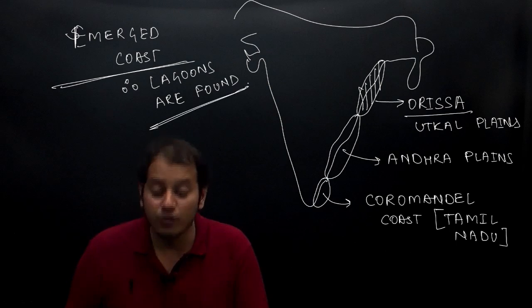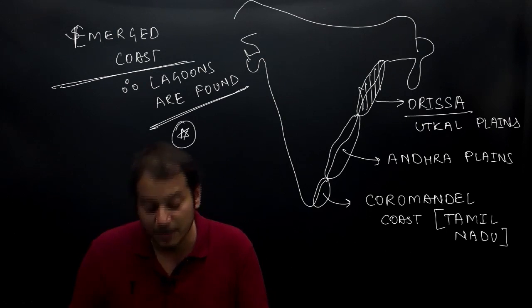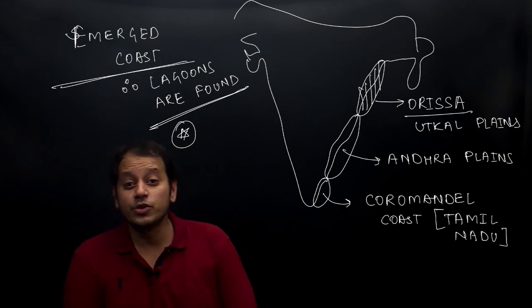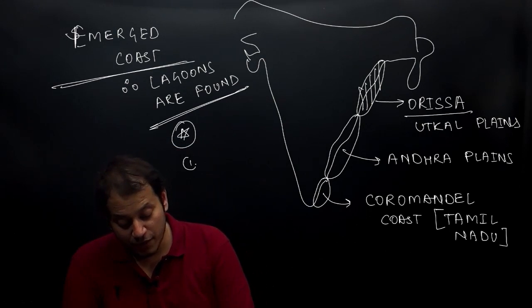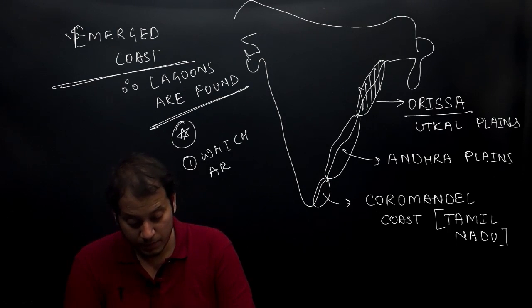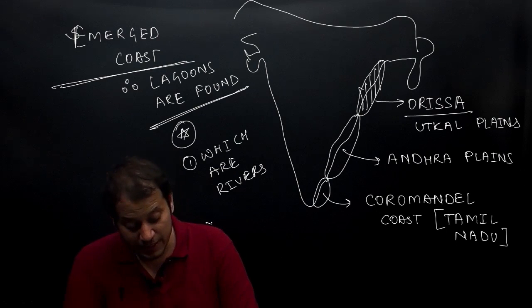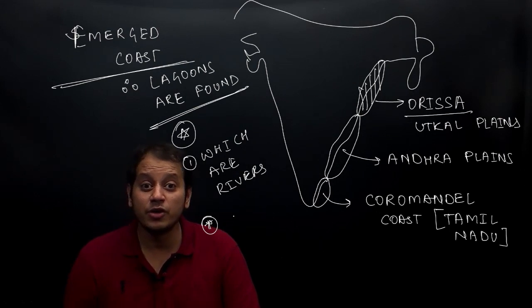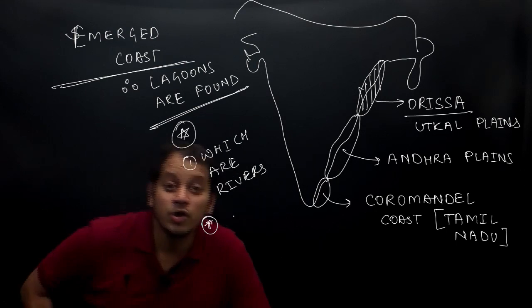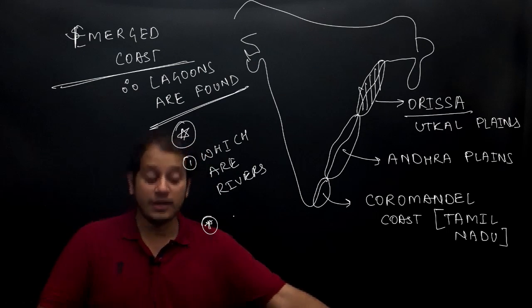Now, what is the focus area for examination, or where should you focus while studying the east coastal plain? The first area of focus is which rivers flow through which plains. Second focus area is if any important geographical feature like a lagoon or a large lake is located in this plain, you will have to focus on that.